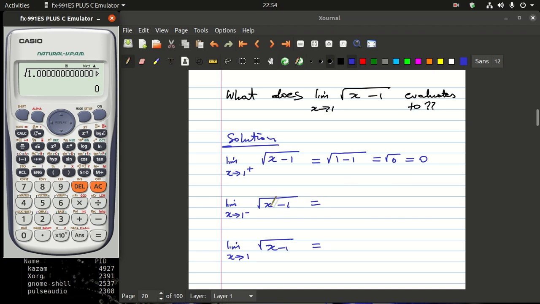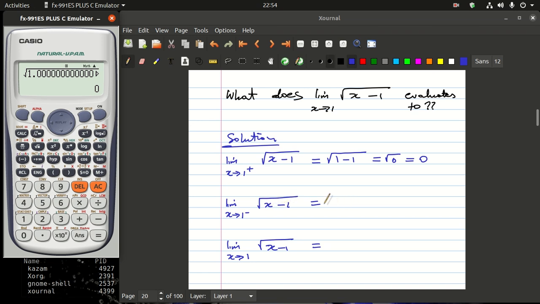Now let us look at this one here. I wanted to pick a value that is so close to 1, but on the left of 1. So whatever that value is, it is going to be less than 1.